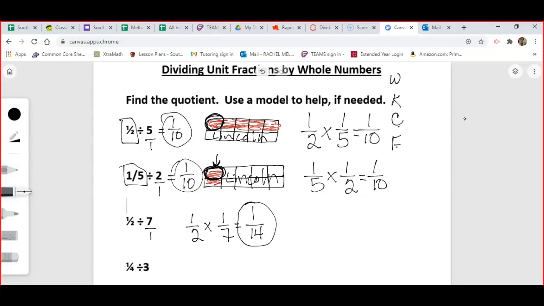Because first I had 1/4 and then I multiplied it by 1/3 and I got 1/12. Okay, very good job. Michelle, do you agree with her? Yeah. Yvette, do you agree with her? Yes. Brandon, do you agree with her? Yes. Okay, I agree with all of you.